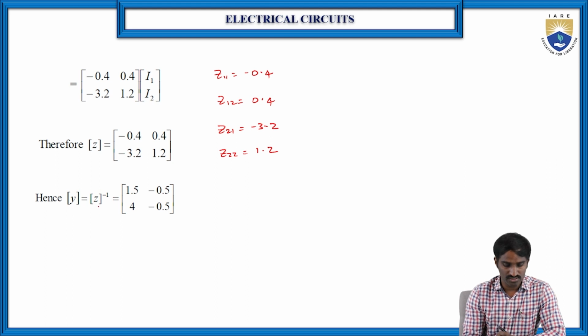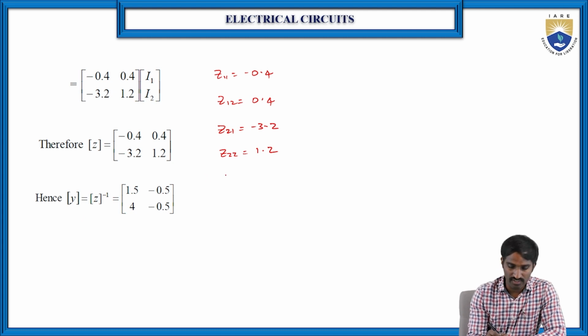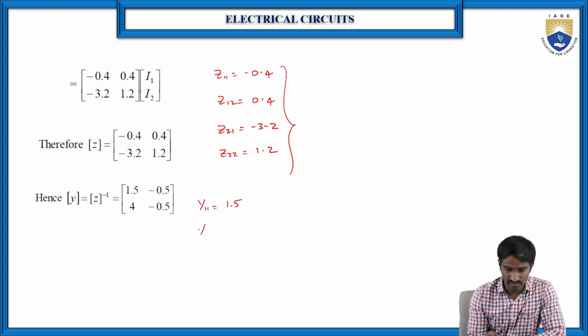Then Y is nothing but the Z inverse. We know the relation between the y and z parameters, so if you substitute in this equation, you will get these z parameters, and coming to the y parameters, y11 is equal to 1.5 and y12 is equal to minus 0.5. Similarly, y21 is equal to 4 and y22 is equal to minus 0.5.